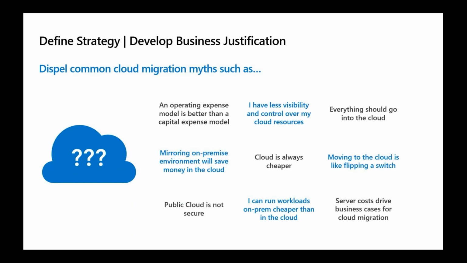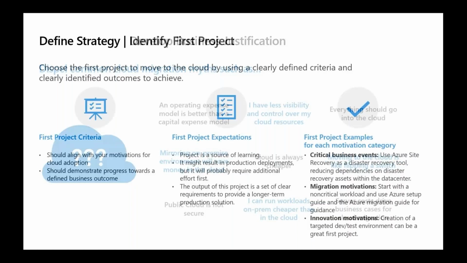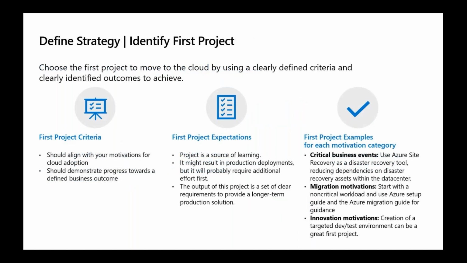There are different cloud savings that you can also achieve with a cloud, and there are some common cloud migration myths and anti-patterns that, as you go with a strategy and planning, you will see and overcome.